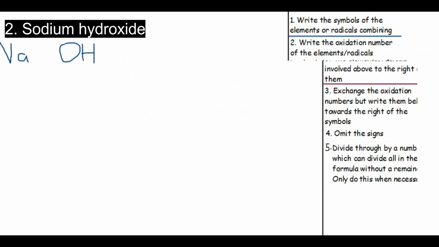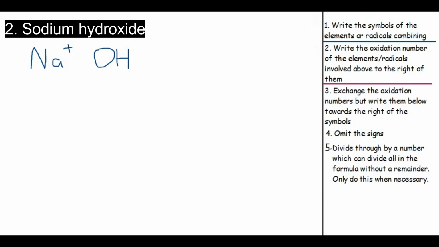So if we input that here, we'll have Na plus and OH minus. When it is +1 or -1, it doesn't matter if you put the number. You are free to omit the numbers in the case where they are 1.